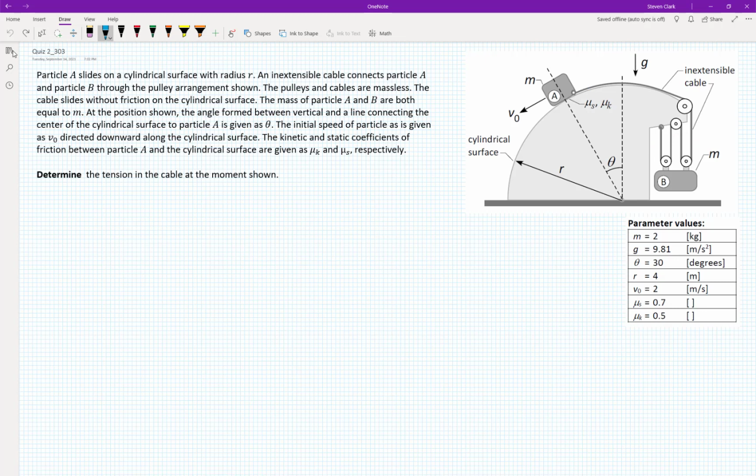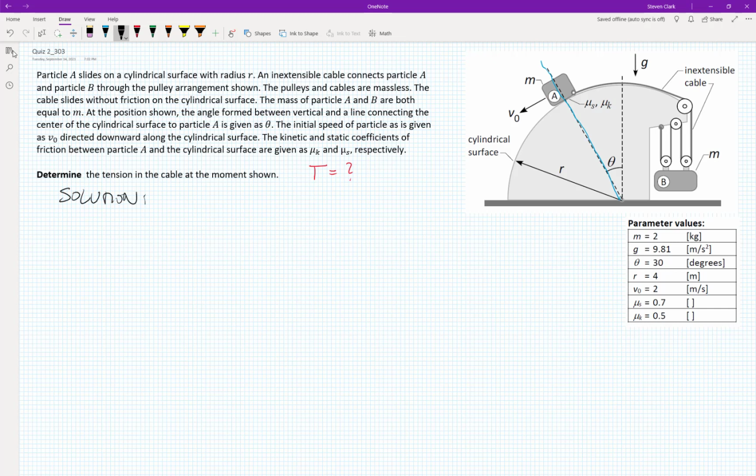Our system is at this configuration, by which I mean that this theta is, I believe, 30 degrees, and at this configuration our body has velocity v0. There is friction between the cylindrical surface and body A. And they ask us to find the tension in the cable. So T is not known. And this is how I would solve it.